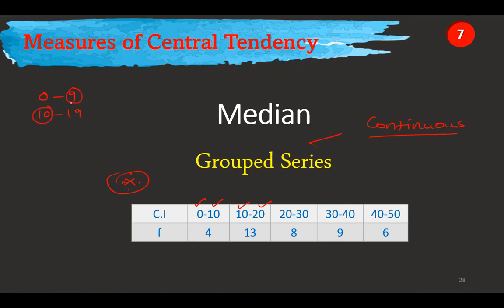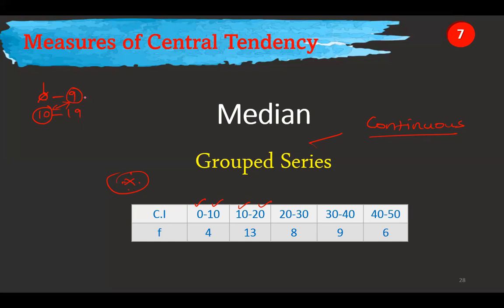So what I'm going to do is find out the difference between these two and divide it by 2. For example, if it is 1 to 9 and 10 to 19, what is the difference?